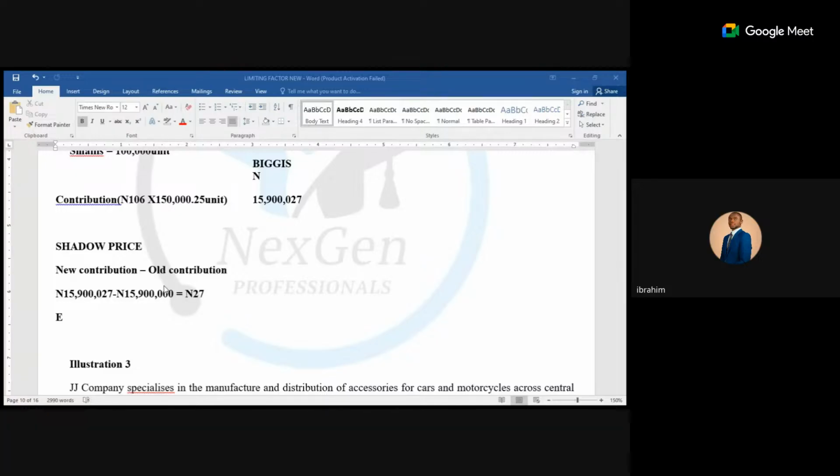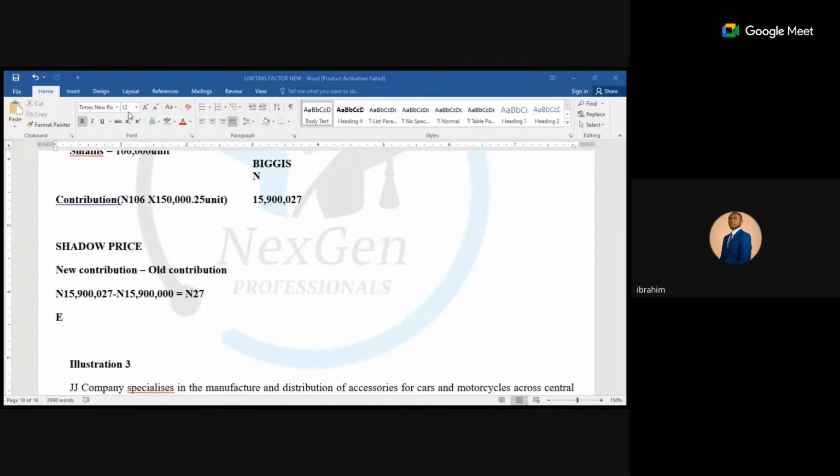Where we are having constraints, we don't have the capacity to produce everything. Shadow price is shadow price. If you still add smallies, you still have 27 naira. Nobody will penalize you even if you didn't add it. It's 27 naira that we want to get at the end of the period. Any other question?